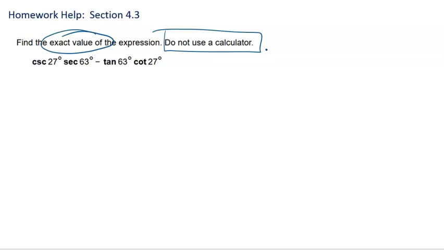In this case, it's a cofunction trick. Cosecant and secant are cofunctions of each other, and you learn about cofunctions in section 4.3. They're related by 90 degrees. So I'm going to rewrite the cofunction: cosecant of theta is equal to secant of 90 degrees minus theta. All the cofunctions work exactly the same, so you can switch these out.